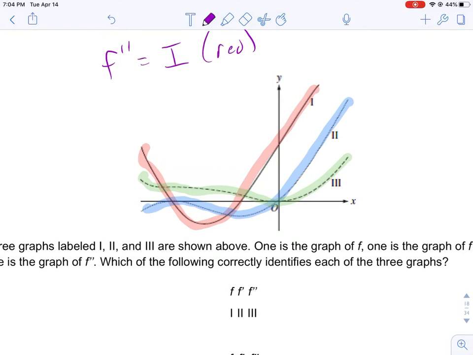Which means 2 is the derivative of 3, right? This is decreasing the whole time. All right, so 2 is the derivative of 3, is 3 prime.